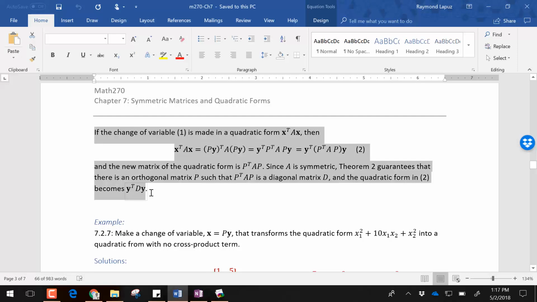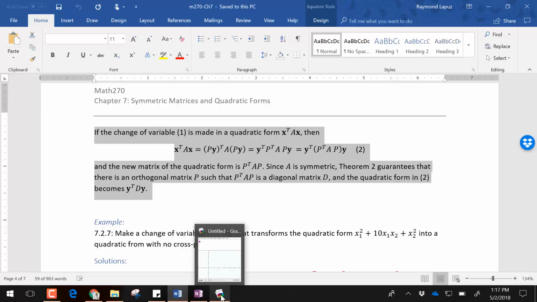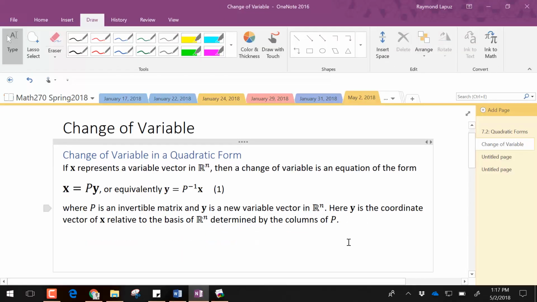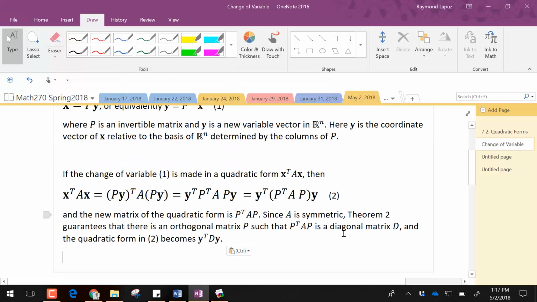All right, here's the idea that I just mentioned off the cuff. Let's see if these sentences make what I say make a little more sense. If you want to change the variable, we want to take a look at the quadratic form and see how it's going to work. The quadratic form is X transpose times A times X. This is our definition of the quadratic form.